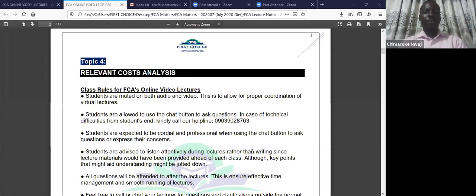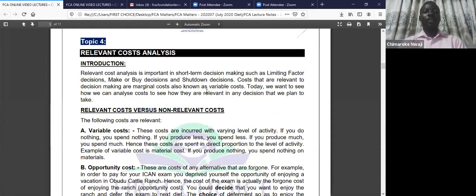Okay, let's go straight now to the topic for today, relevant cost analysis. Relevant cost analysis is important in short-term decision making, such as limiting factor decisions.